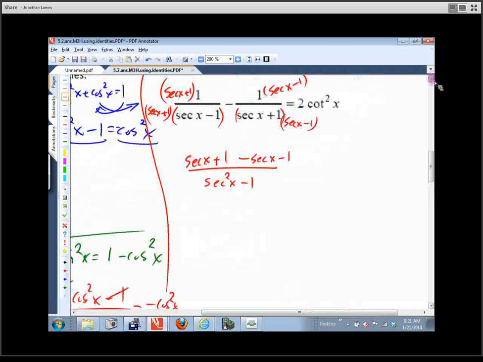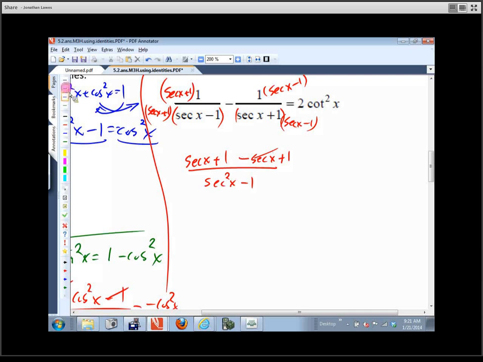So my question for you is that right? What's wrong? Yeah, you've got to distribute that negative through to both of these, so it's going to be a minus secant, and then if I do a negative times a negative, I end up with a positive. Okay? What goes away on the top? Okay, so secant x and secant x.